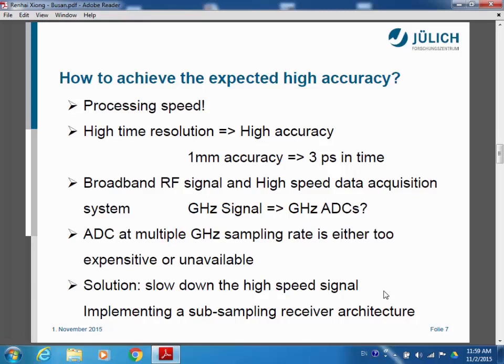That's due to the propagation speed of radio frequency signals. For example, 1 millimeter accuracy requires 3 picoseconds in time.